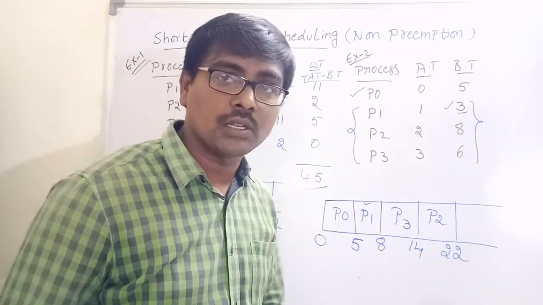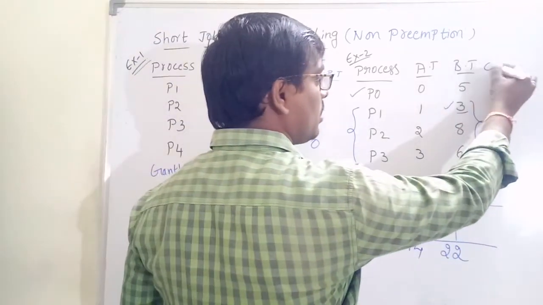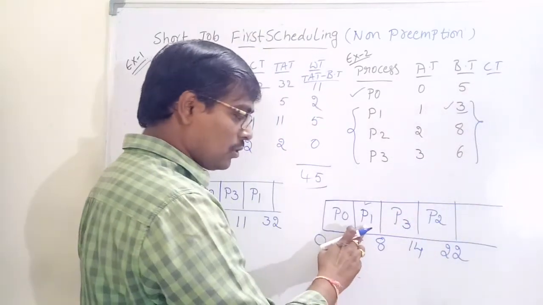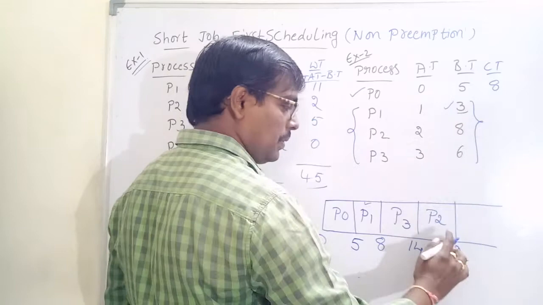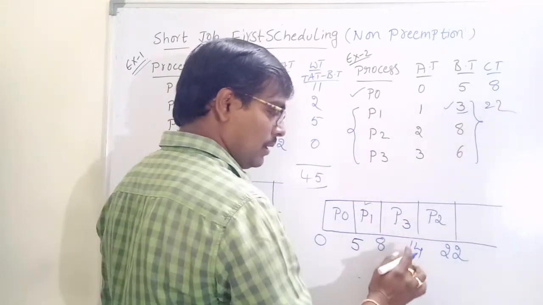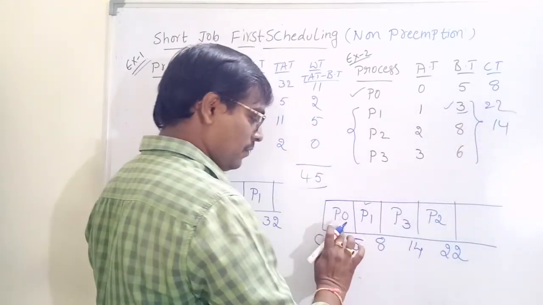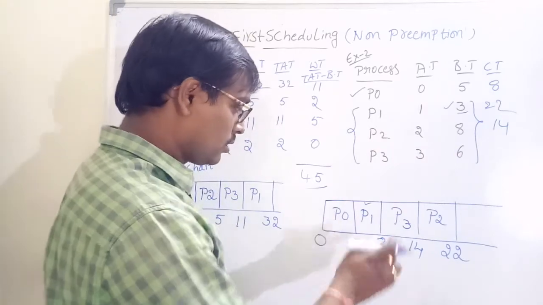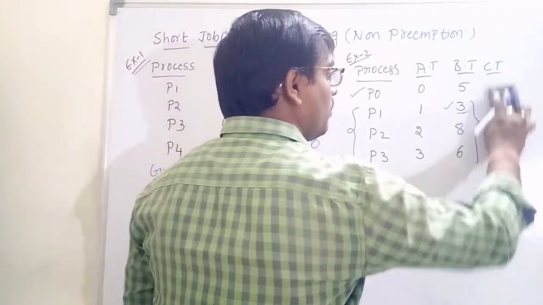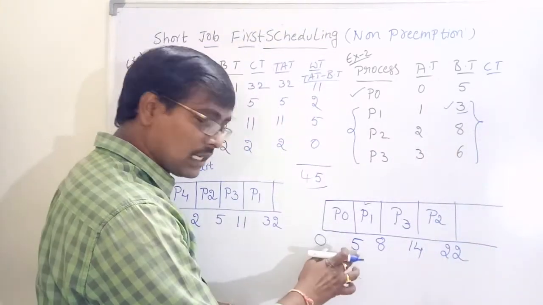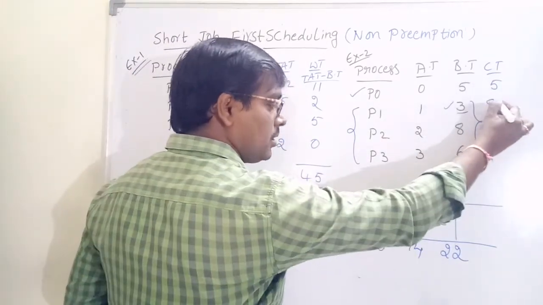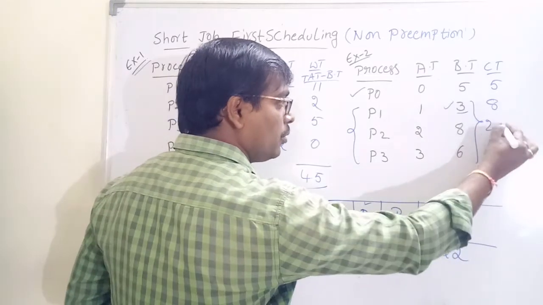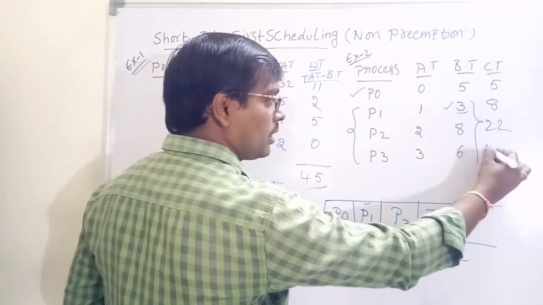You got it? This is the shortest. So in the similar fashion, we can calculate the completion time. P0 is completed at 5, P1 is completed at 8, P2 is completed at 22, P3 is completed at 14.